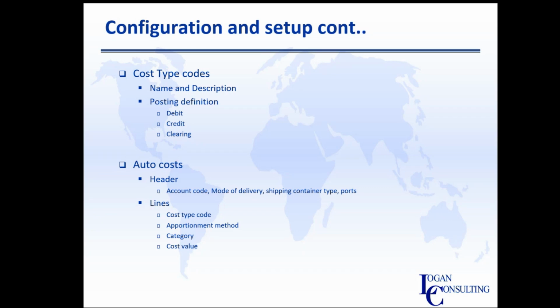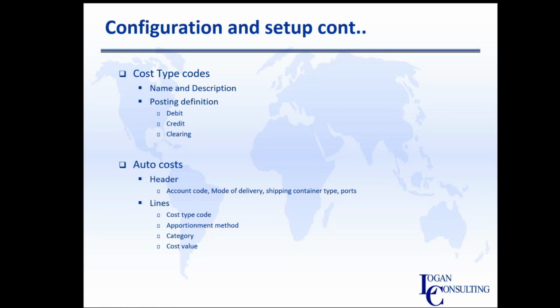The main reason why people use land costs is this auto cost section, where you can set up specific estimated costs for each combination in the header, a combination of account code, which would be either your shipping company vendor group, mode of delivery, shipping container type, or the specific ports included in a transaction.